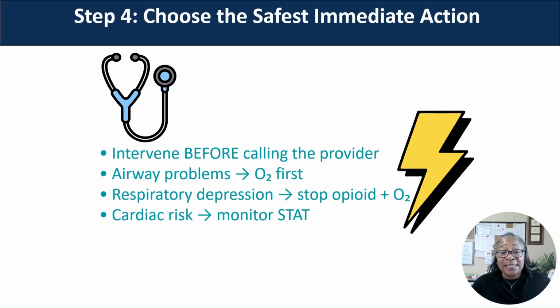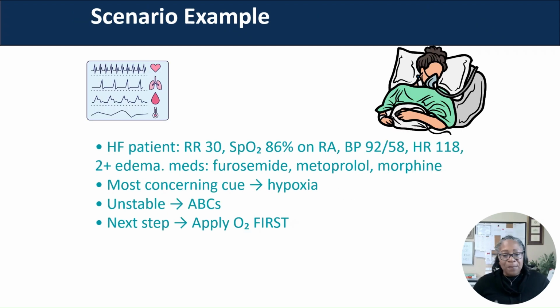So, patient example: the MAP is 58. You know they're going to need a fluid bolus, but there's none ordered. Then you call the provider first. But you're still going to need vital signs. You're still going to need to assess the patient. Then you call the provider and say, hey, the MAP is 58, we don't have any fluid ordered. All right. So let's do a scenario.